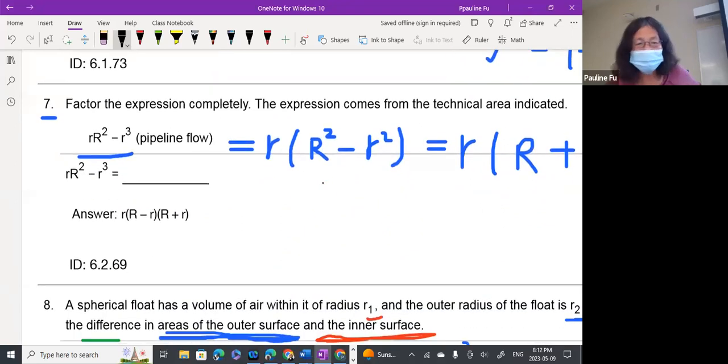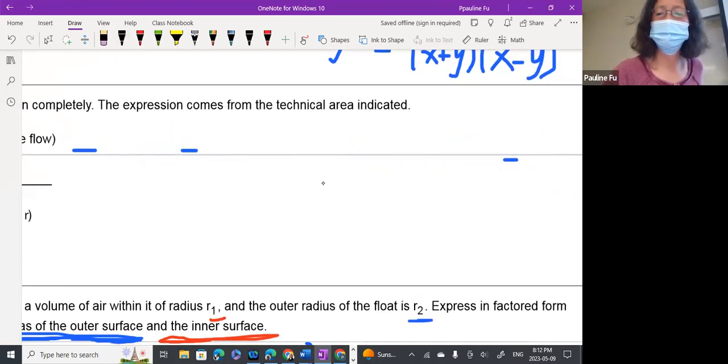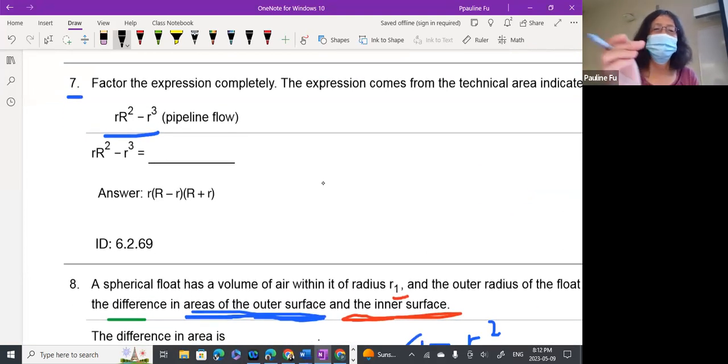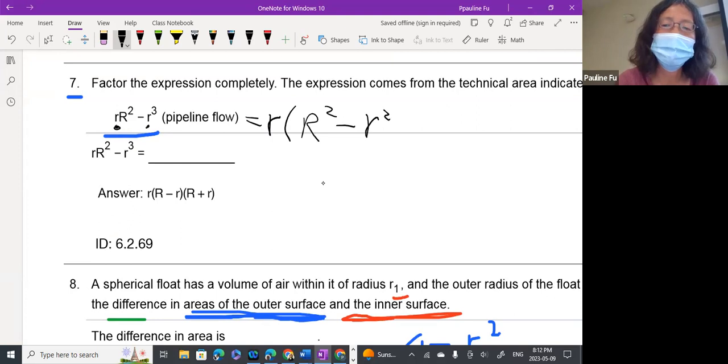Question 7, factor. Okay, first we see every item has small r, so we factor this small r out. Then you have a capital R squared and a small r squared left.